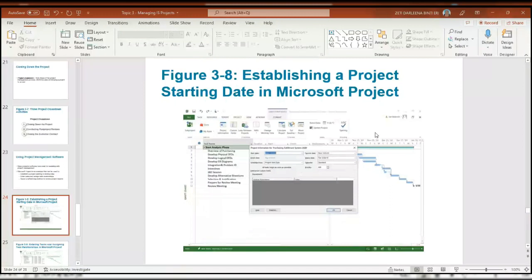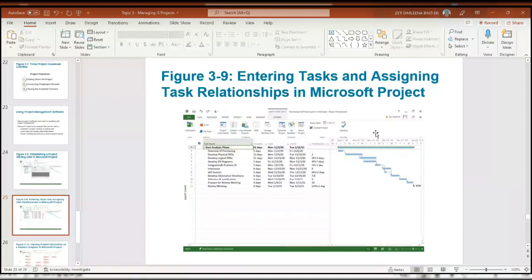Okay. Kita tengoklah kalau ada peluang nanti. So entering task and assigning task relationship in Microsoft Project. Nanti kita masukkanlah dekat sini. Yang ni type je, dia boleh type and automatically dia akan appear the task bar dekat sini.